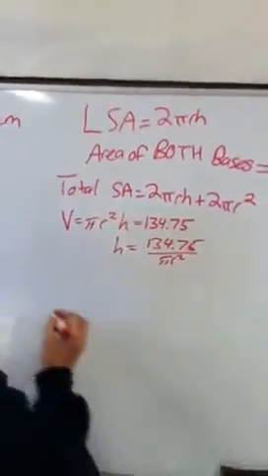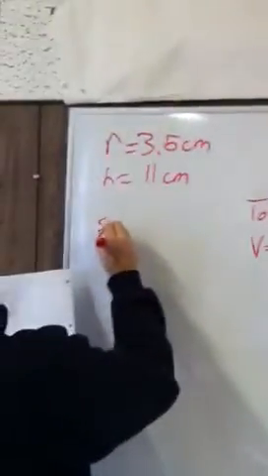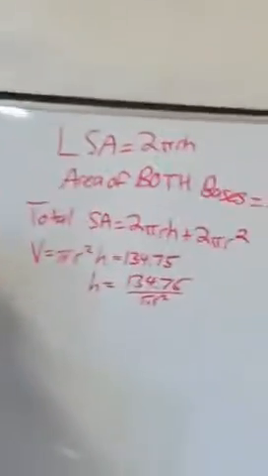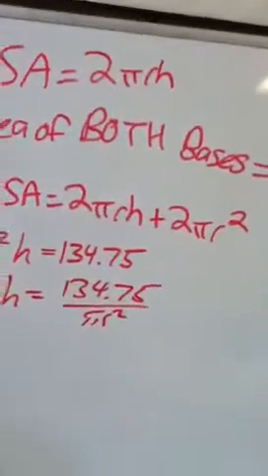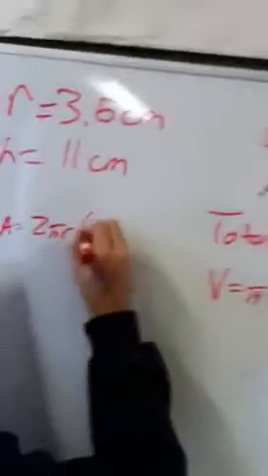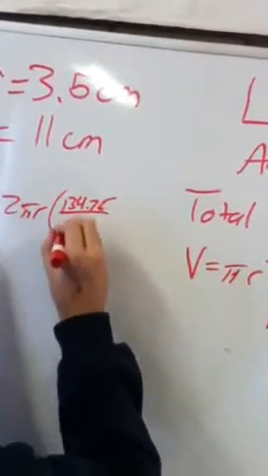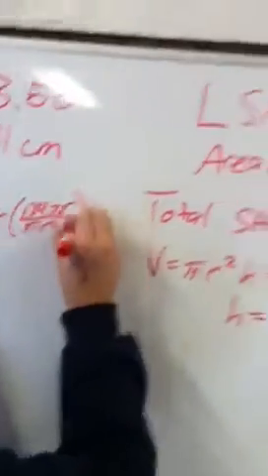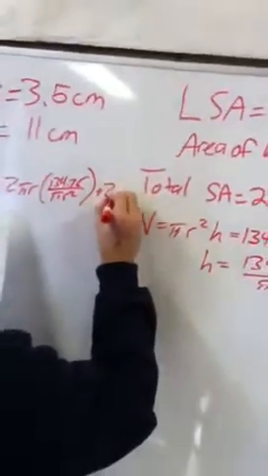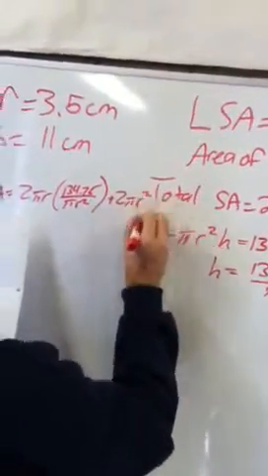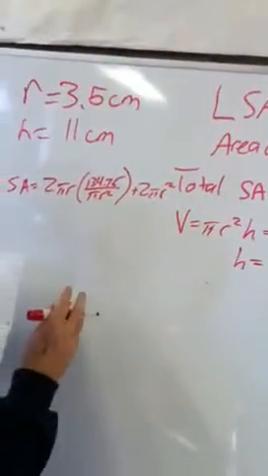So then we're going to plug this back into the surface area equation, which will give us 2 pi r times 134.75 all over pi r squared, and that has to be plus 2 pi r squared. Okay, so now we can do some canceling.